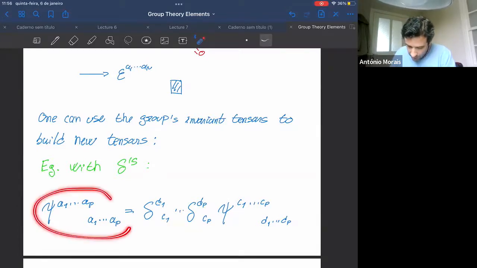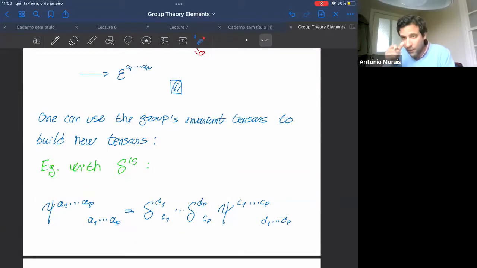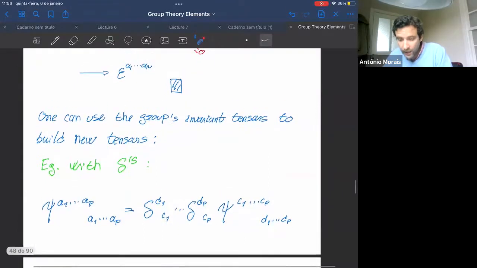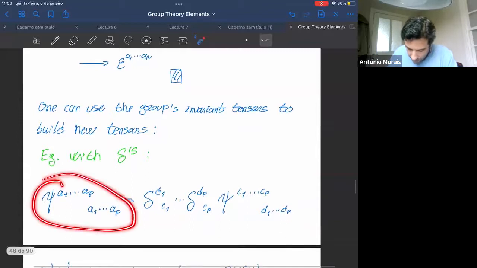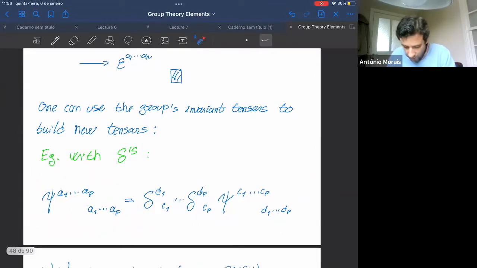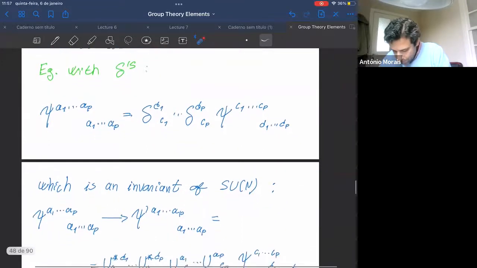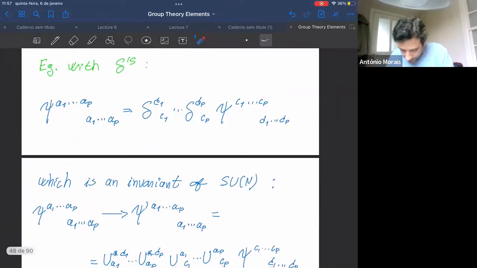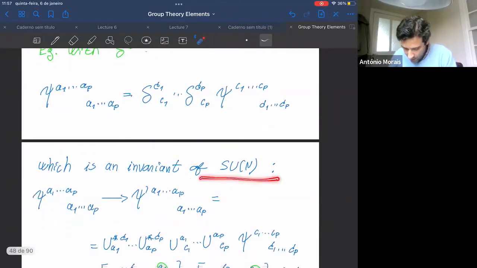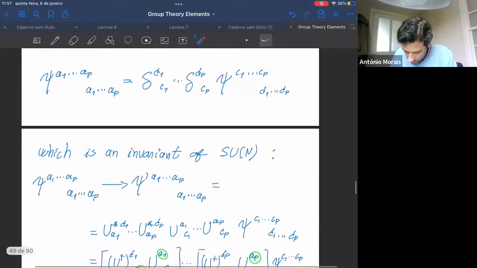Okay, let's build a singlet with deltas. This could be a term in the Lagrangian with only one field. This is already a singlet. So your Lagrangian could be equal to this psi. And this is an invariant of SU(N), as shown here.